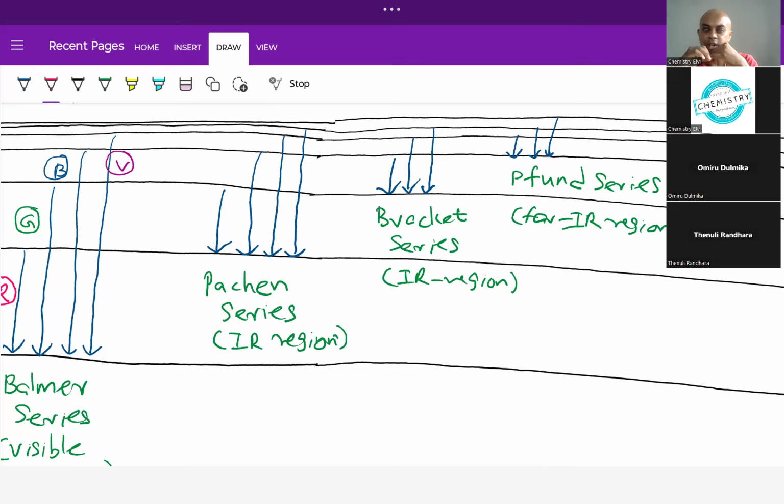This is in the far infrared region, far IR region.